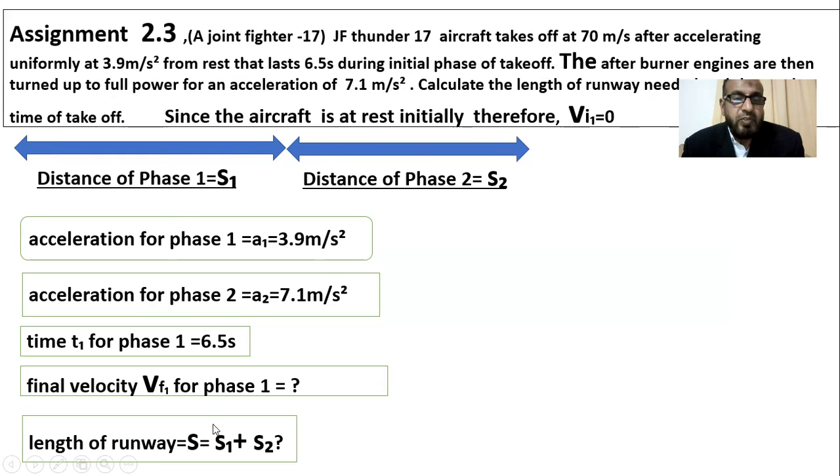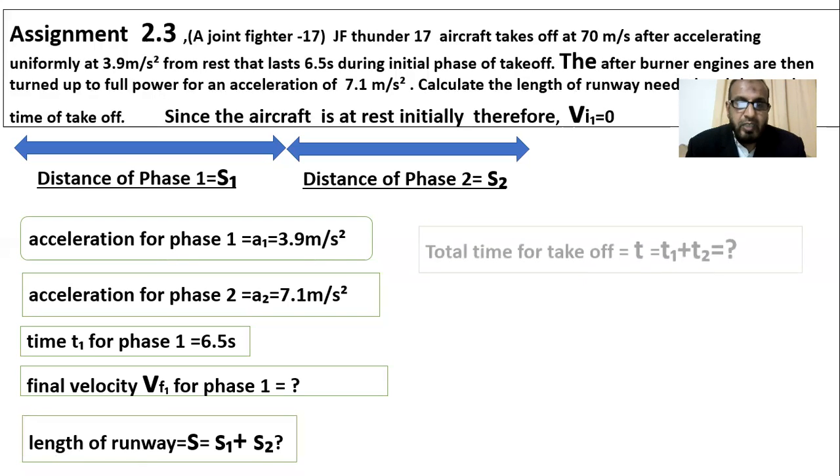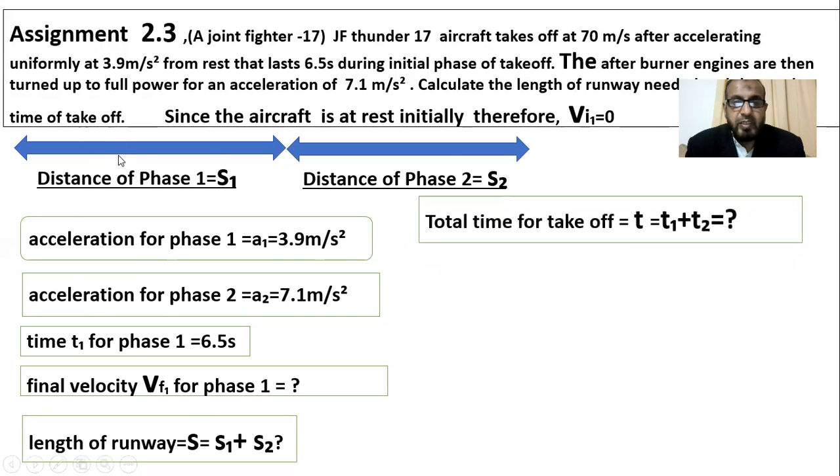So we will find the total distance, which is the sum of the two distances S1 and S2. Also, we will find the total time taken by the aircraft to take off. T1 is the time taken for the first phase, and for the second phase of motion, time T2 is taken by the aircraft.